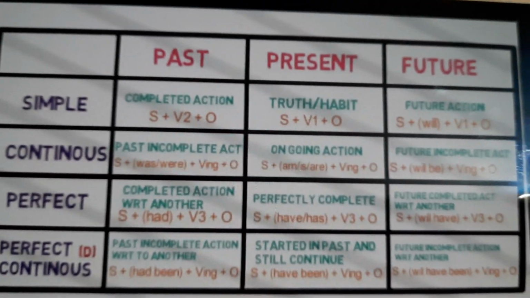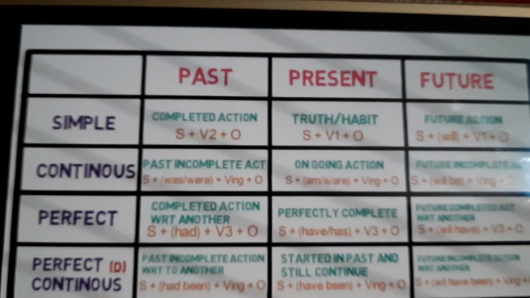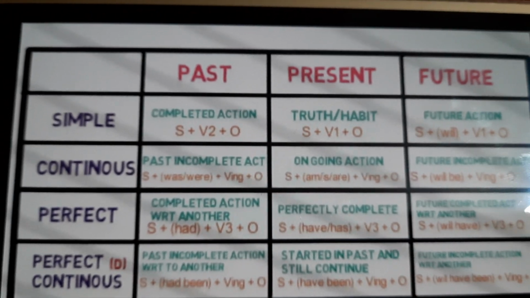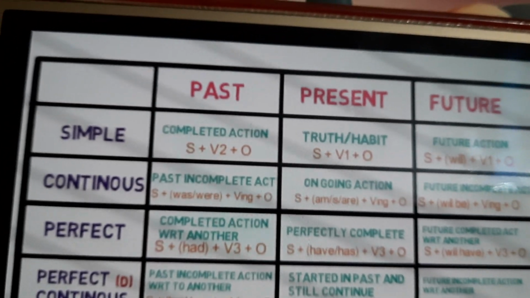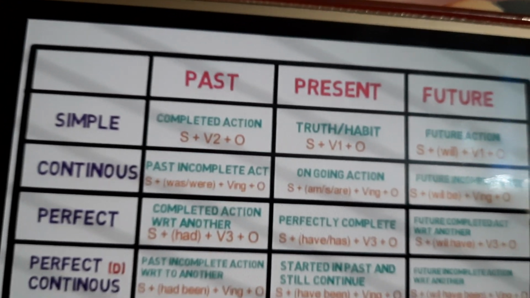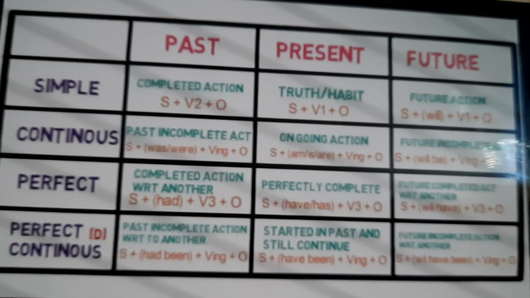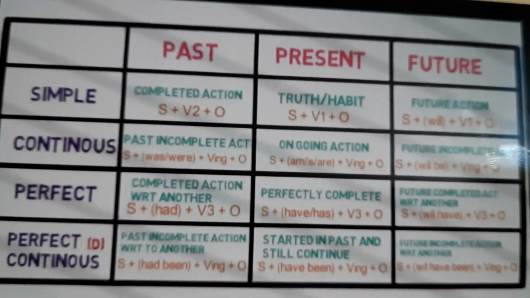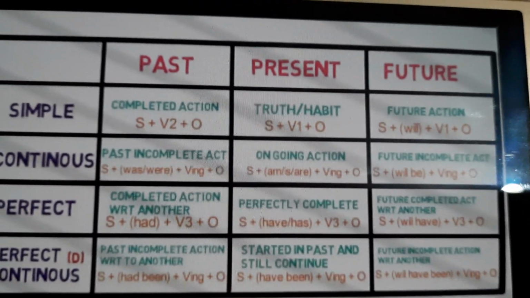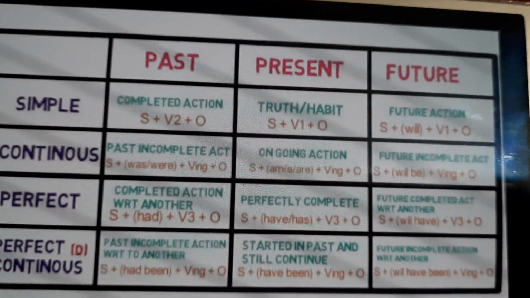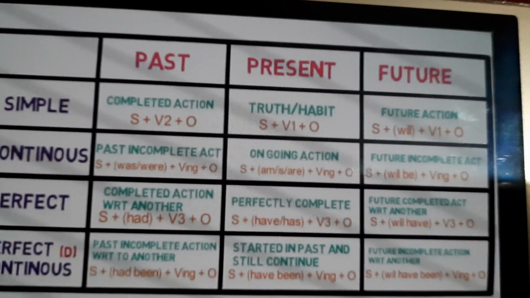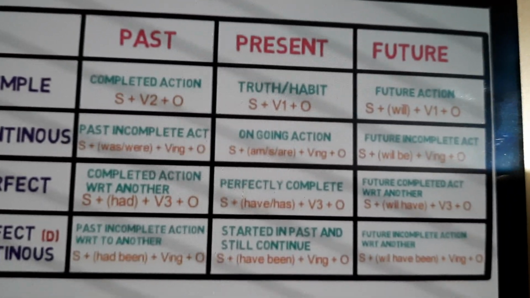Now we go to past perfect continuous tense. Past perfect continuous tense is used to report an action or event that occurred before a certain point in the past, the effects of which are still visible when we refer to the past.